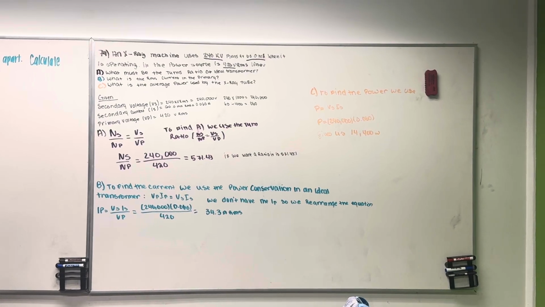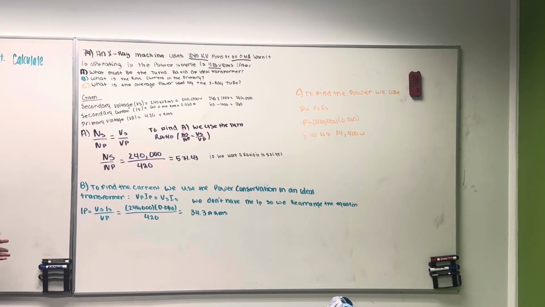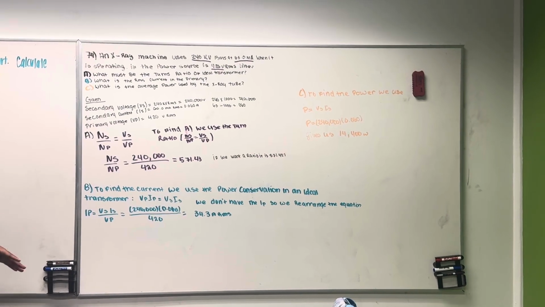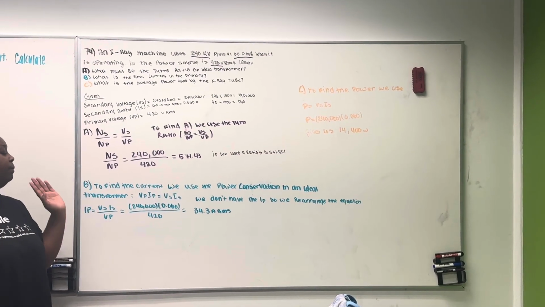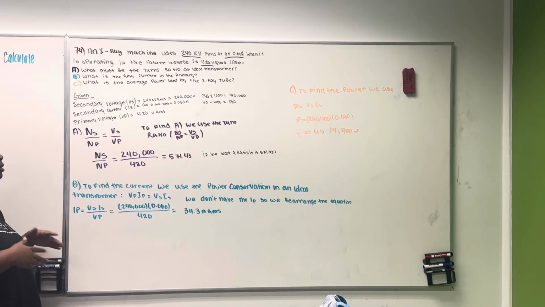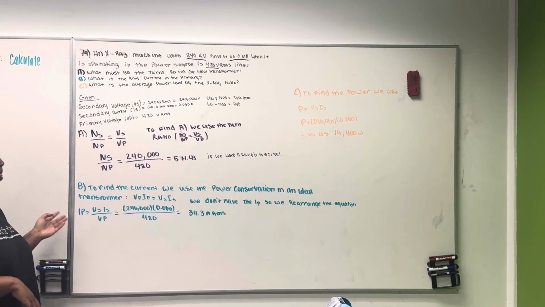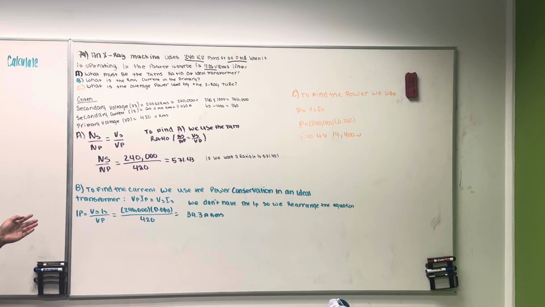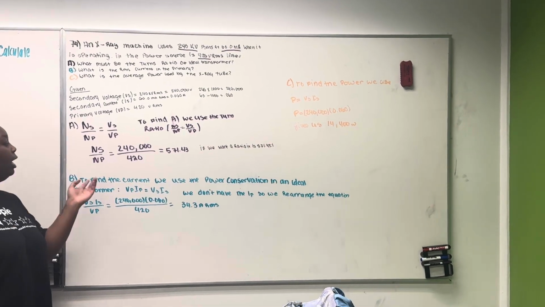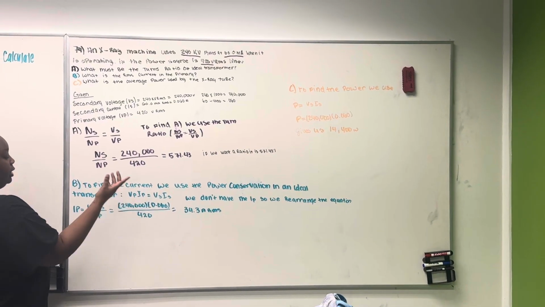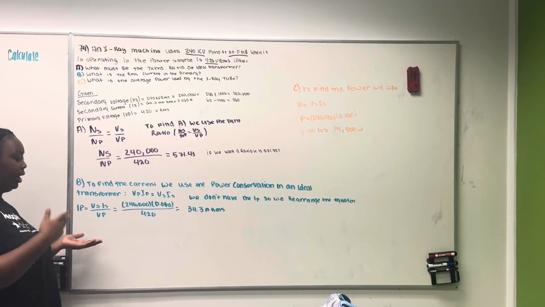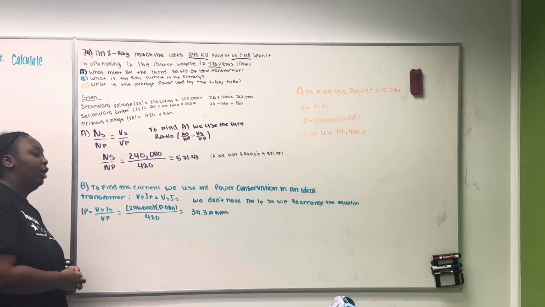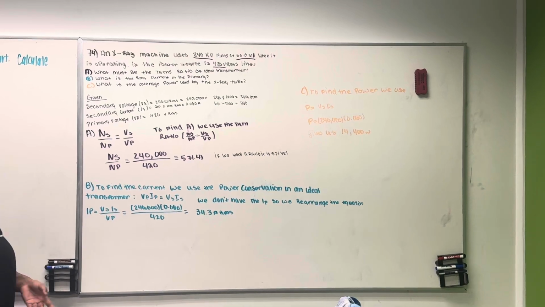To find B, we use the transformer equation, which is VP times IP equals VS times IS. As you know by now, V is our voltage, primary and secondary, and I is our current, primary and secondary. We don't have our primary current, so we have to rearrange the equation.